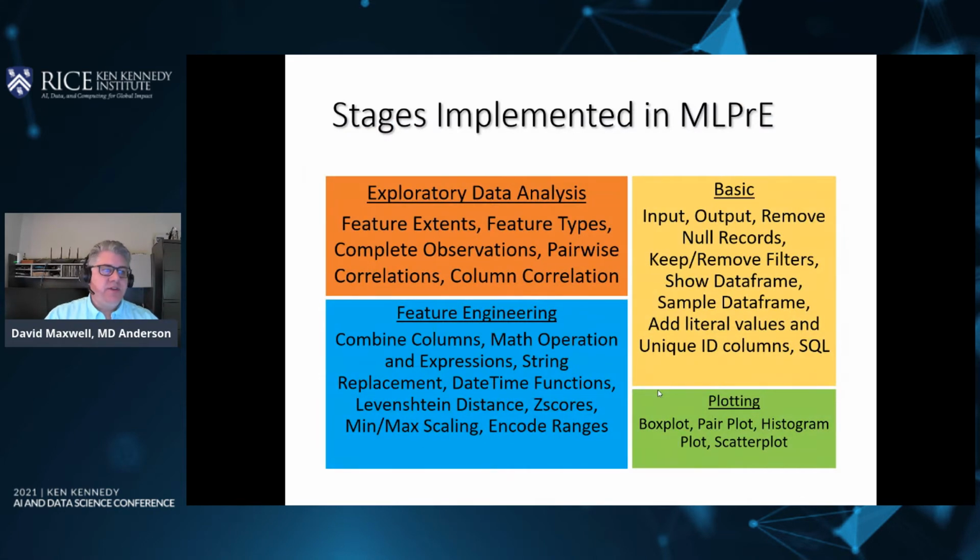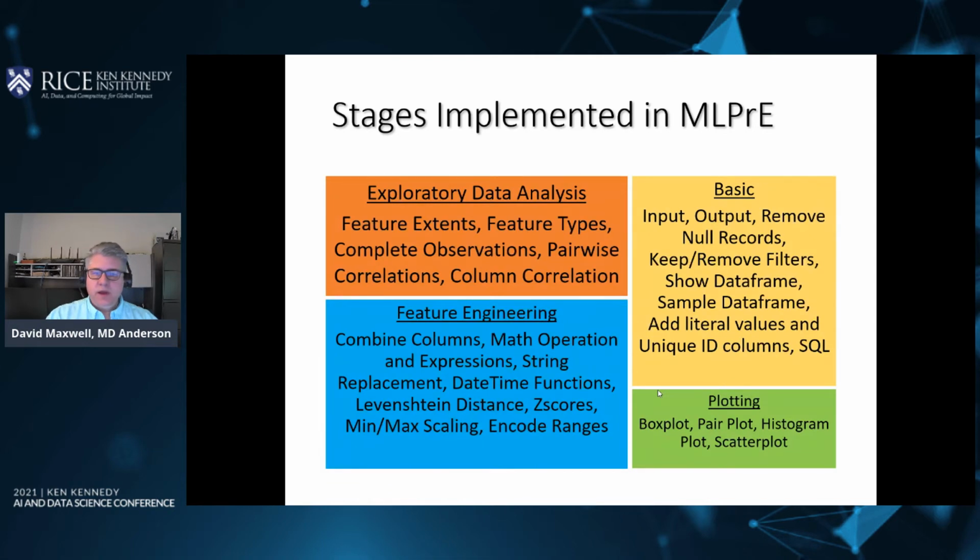Here are the stages implemented so far in MLPrE. We have exploratory data analysis stages, doing things like feature extents, feature types, looking at the types of the data you have, the number of complete observations you have, and correlations between columns. Of course, we have basic input-output, removing nulls, filters to keep or remove records, showing the data frame, sampling from the data frame, and so on.